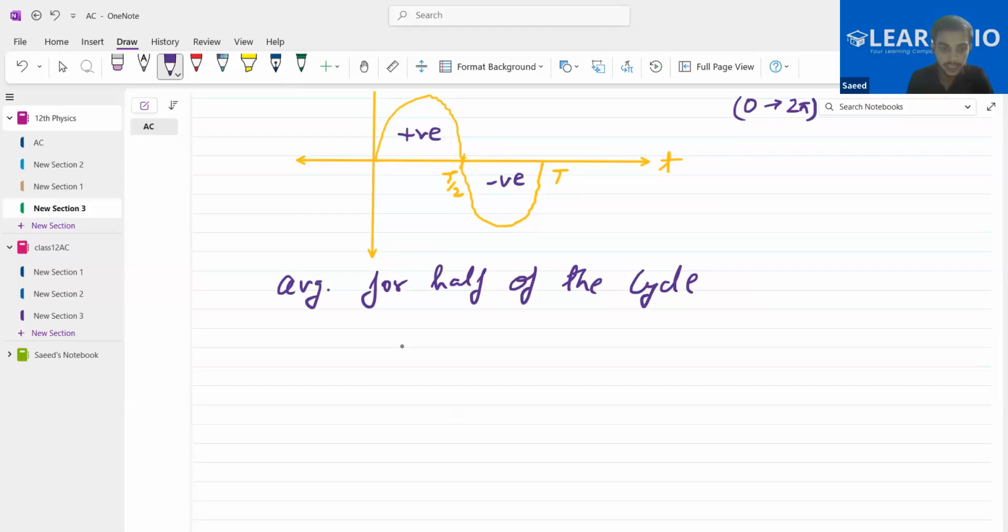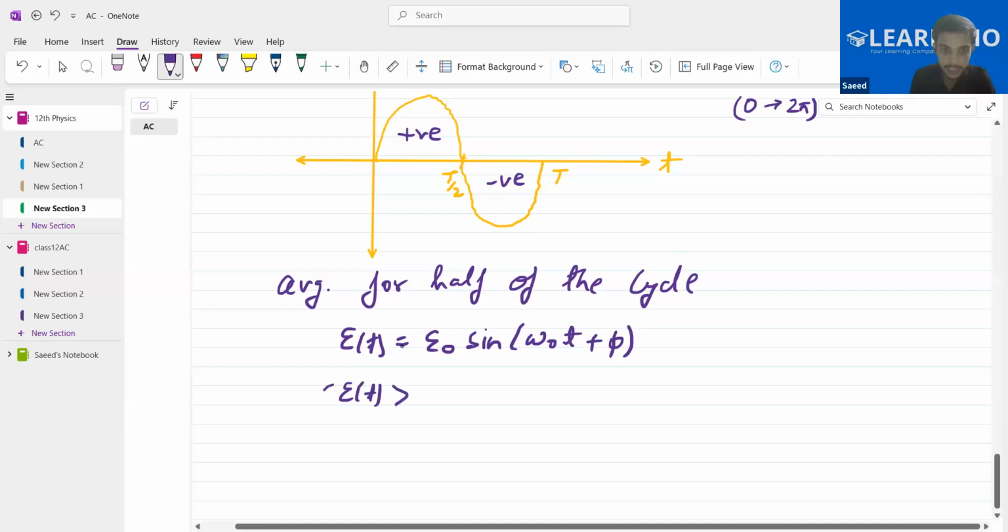So if I'm writing E of t as E naught sine of omega naught t plus phi, the average value will be, although average is denoted by this, but I'm not doing the fancy mathematics here. I'm just writing it like this. Average value will be 2 by pi times E naught.